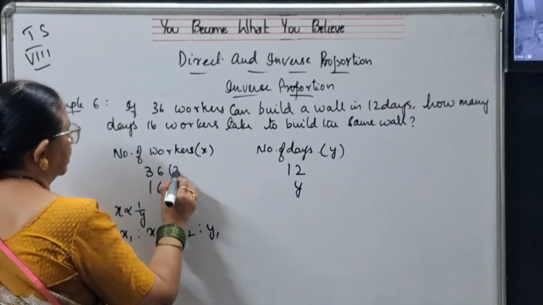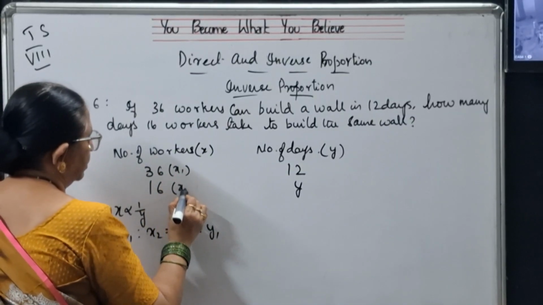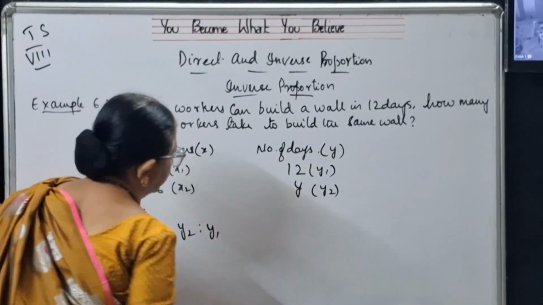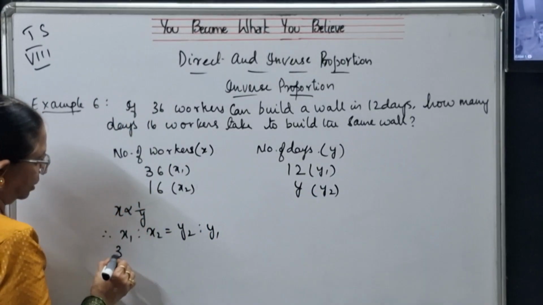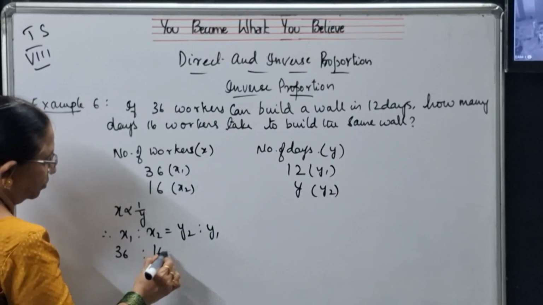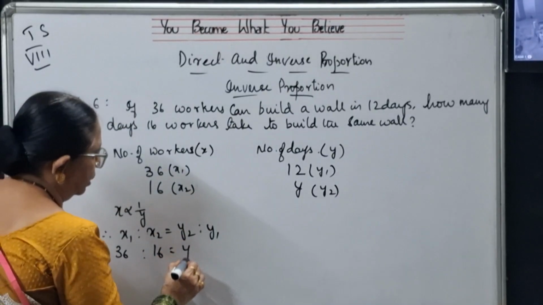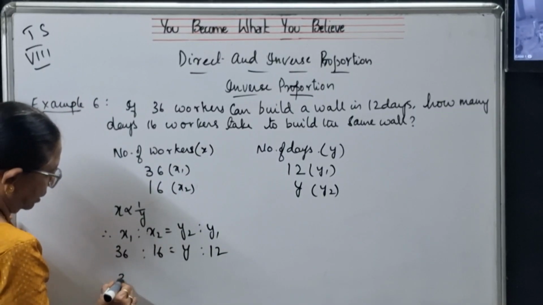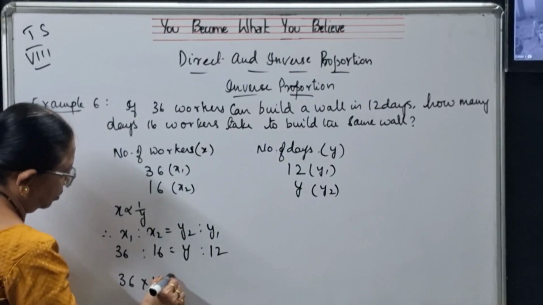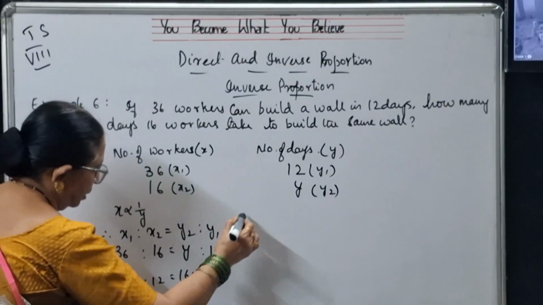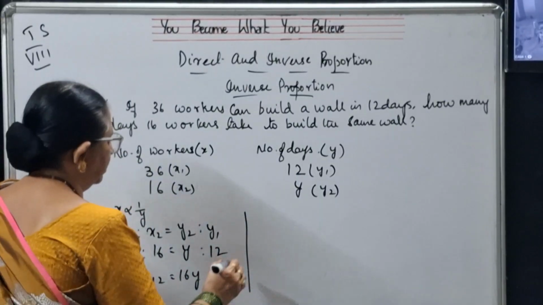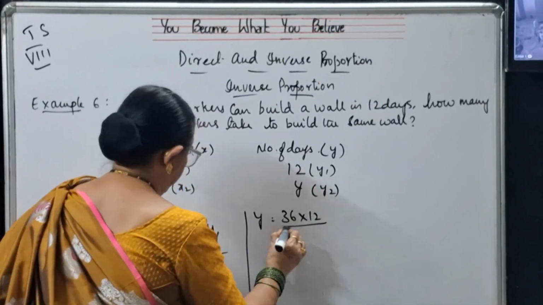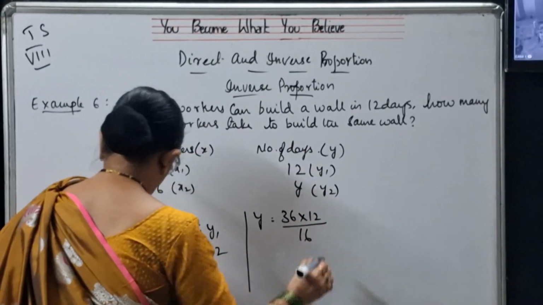So this becomes x1, this becomes x2, this becomes y1, this becomes y2. So x1, 36, is to x2, 16, is equal to y2, y, is to 12, y1 is 12. That means 36 into 12 is equal to 16y. So what is y, children? y is equal to 36 into 12 by 16.